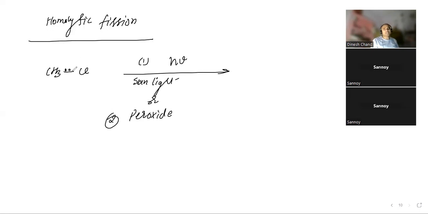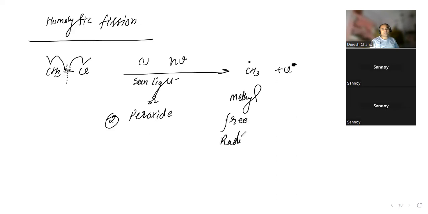What will happen? One electron will go here, another electron will come here. So we get CH3 with a dot, which is also a free radical, one electron as a dot. This is called methyl free radical. And here is the chlorine free radical.